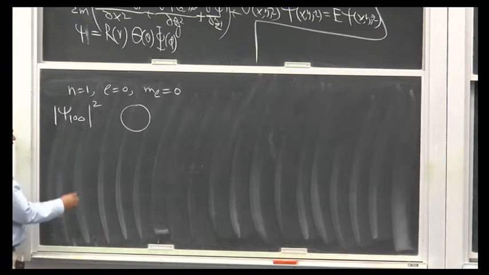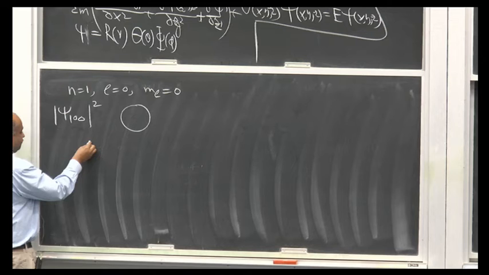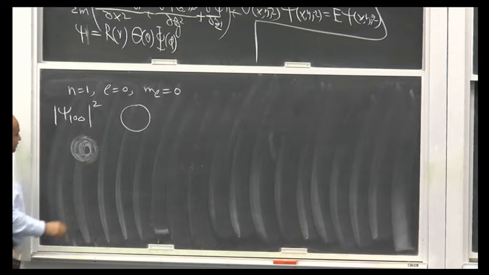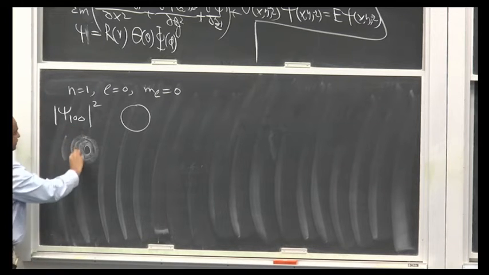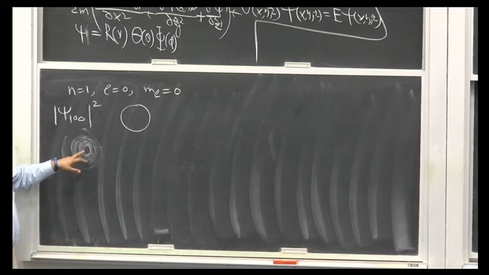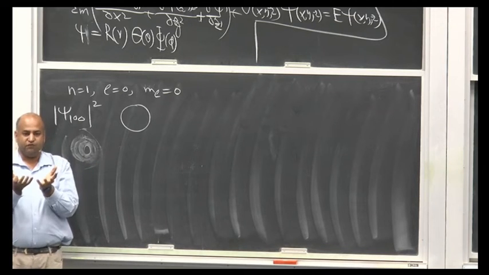A better representation is some people would draw this cloud, but then the density of cloud is such that it's denser somewhere around here, and it's rarer here and here. So this is actually, and you can imagine it in the spherical form.